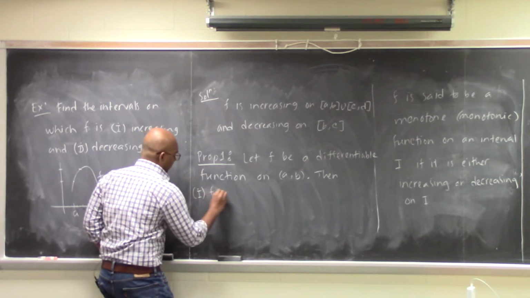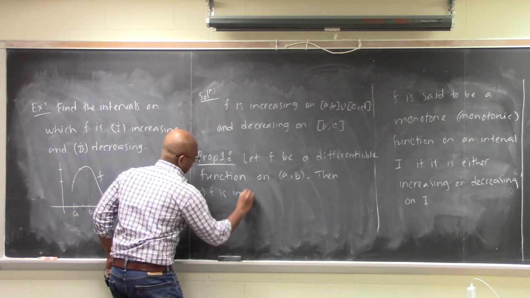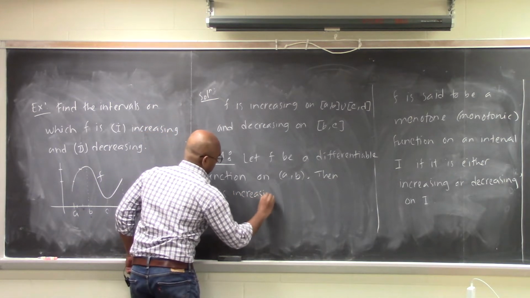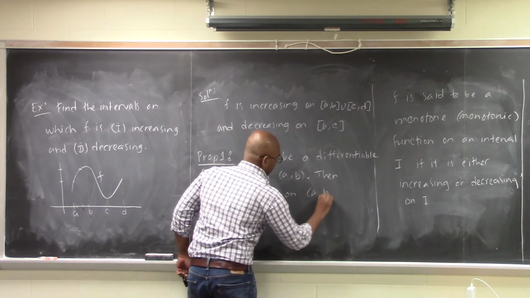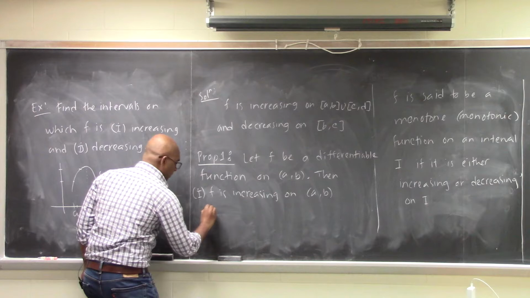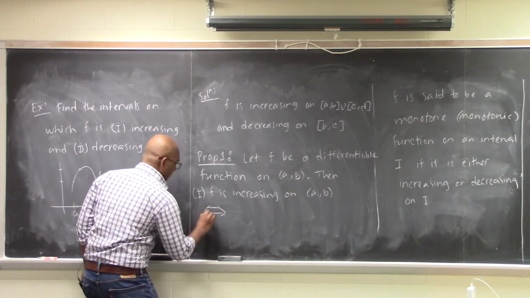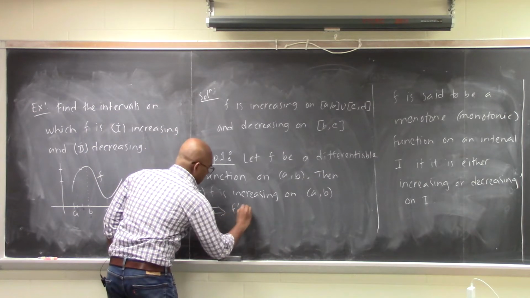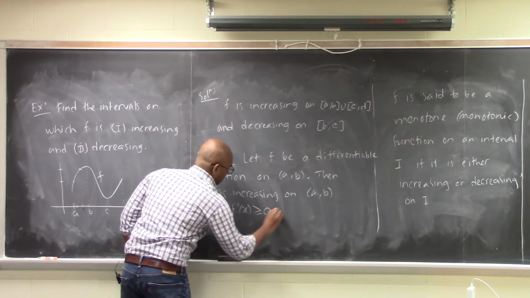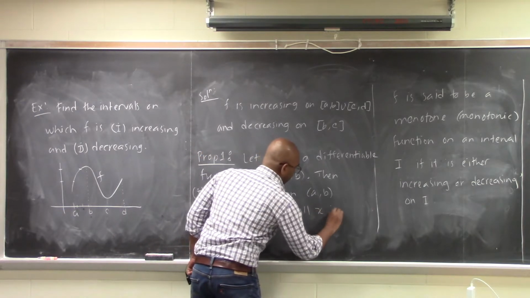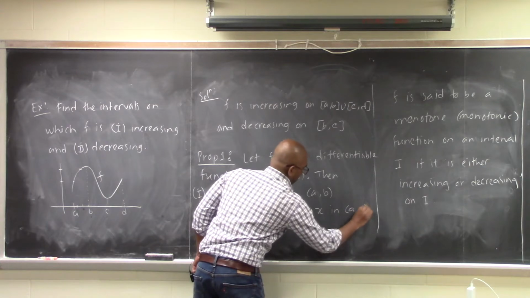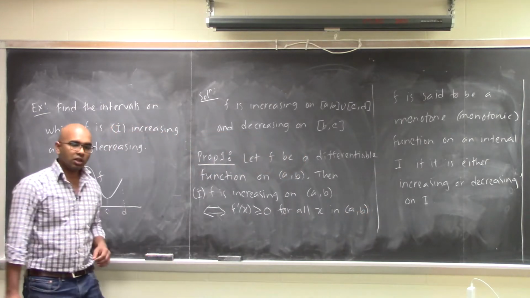Number 1, f is increasing on this interval a to b if and only if f prime of x is bigger or equal to 0 for all x in AB. Okay, what does it say?